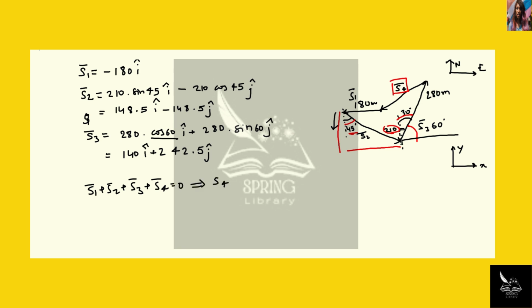Now we know that S1 plus S2 plus S3 plus S4 is equal to 0, which gives us S4 is minus of S1 bar plus S2 bar plus S3 bar, the three vectors. Now, by simply adding their x components, we can see that S1 bar plus S2 bar plus S3 bar is equal to minus 180 plus 148.5 plus 140, which will give us plus 108.5 i cap.